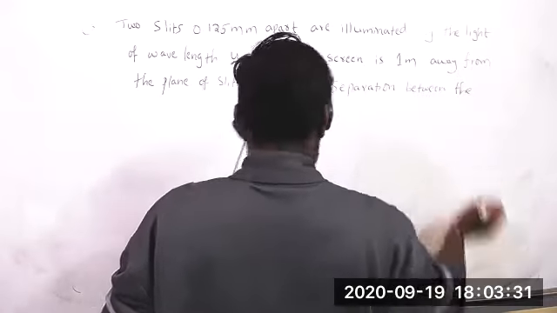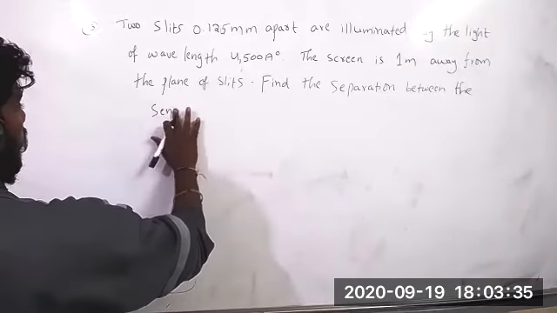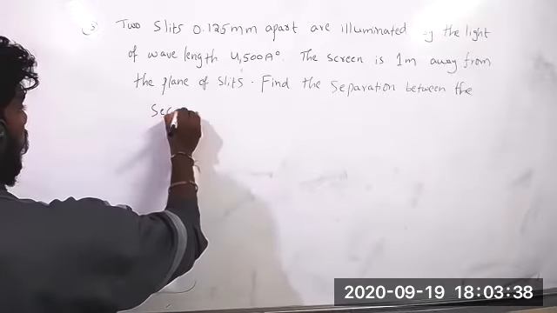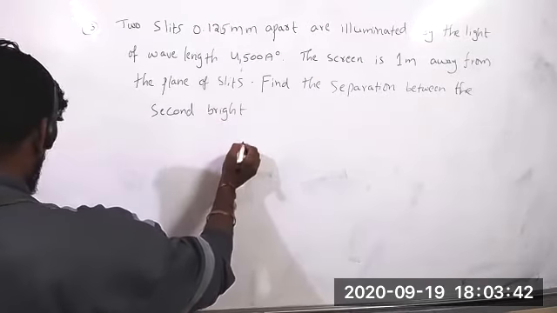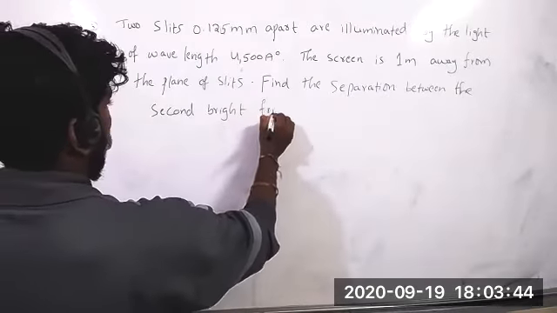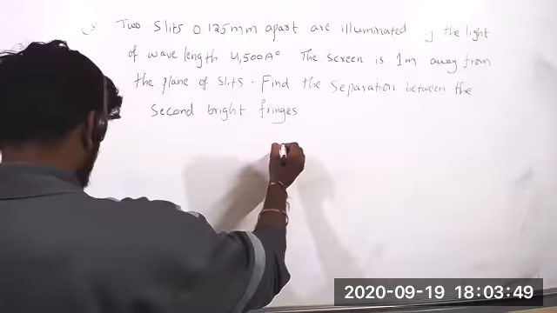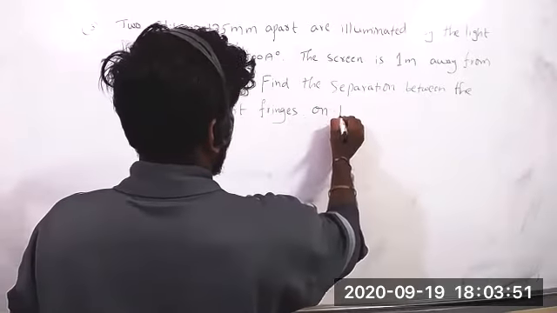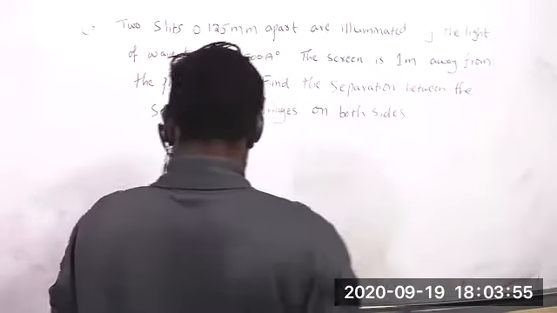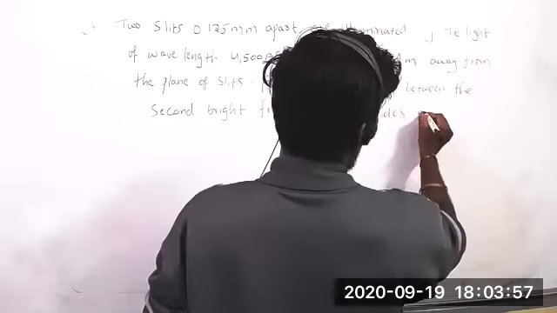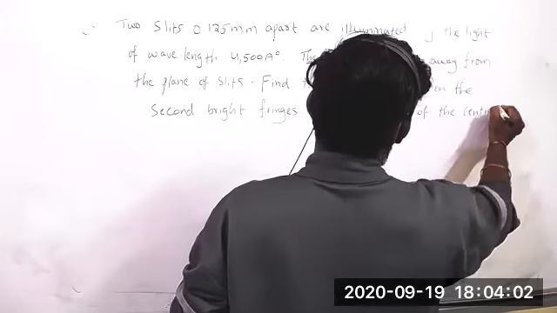Find the separation between the second bright fringe on both sides of the central maxima.